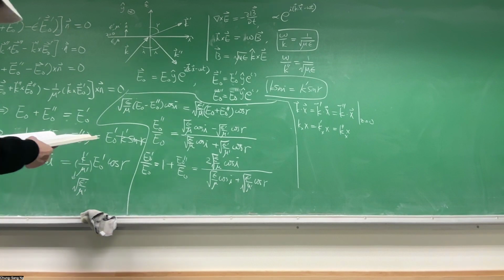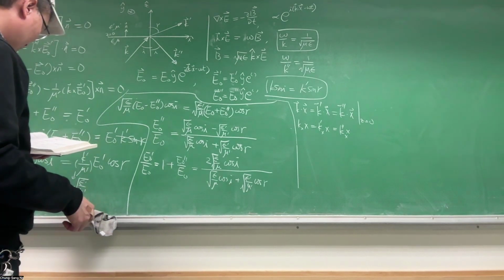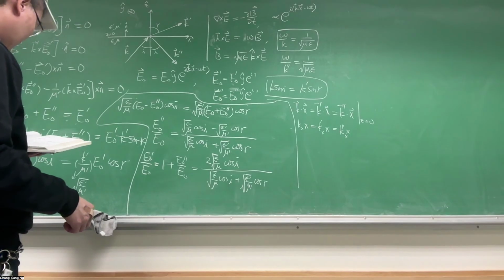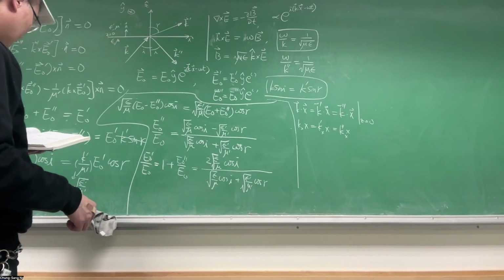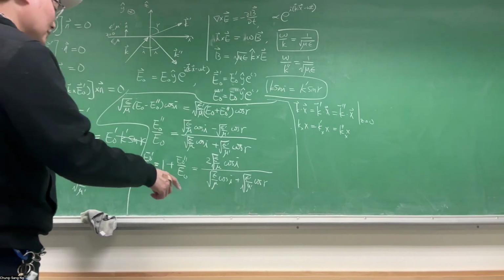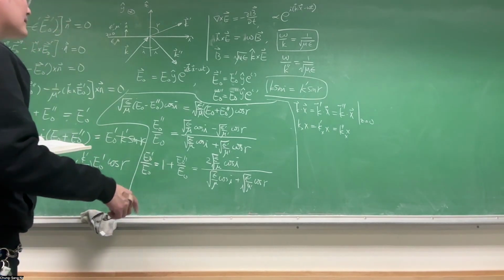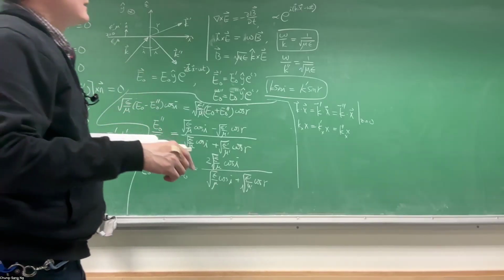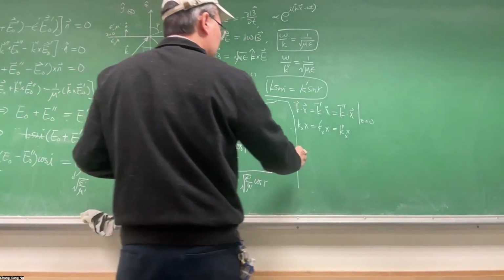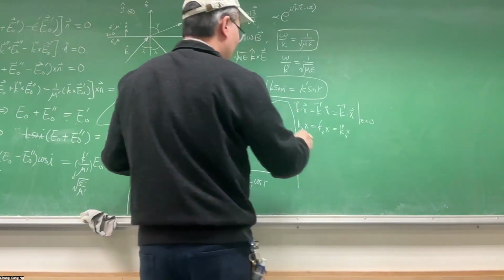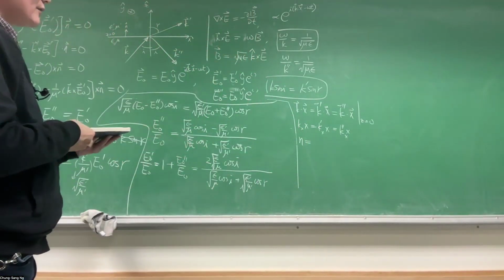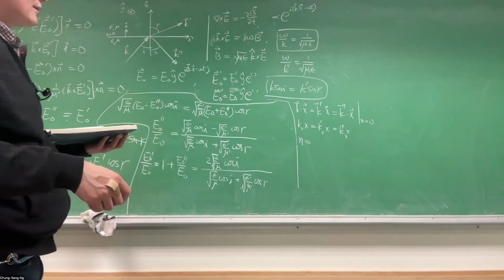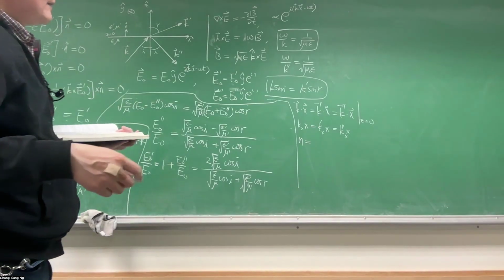Right. This should be 7.39, except that Jackson now used the index of refraction and also the Snell's law. The index of refraction n is the speed of light C divided by the phase velocity, right?